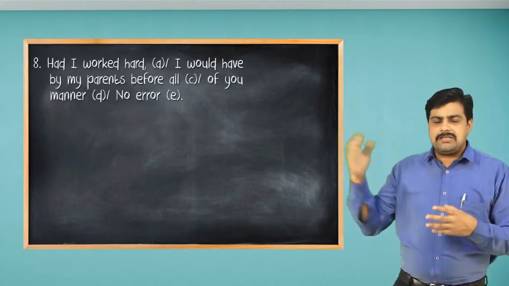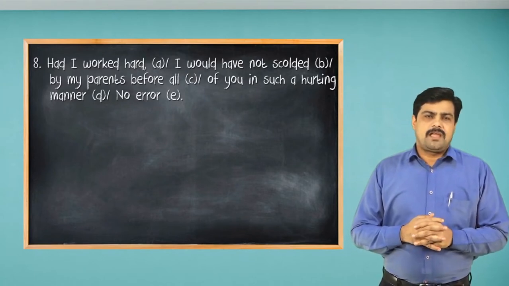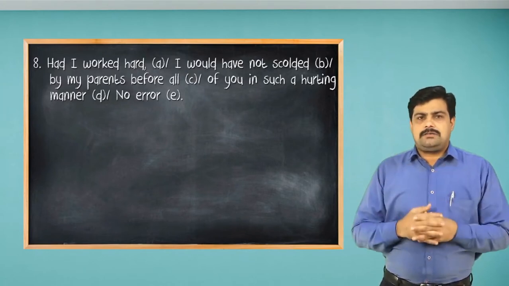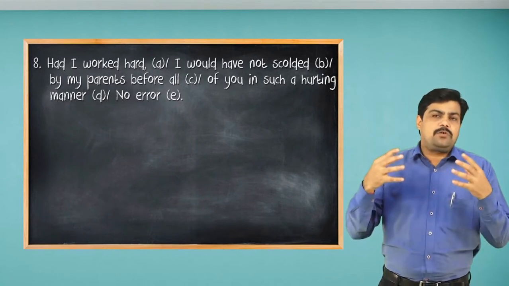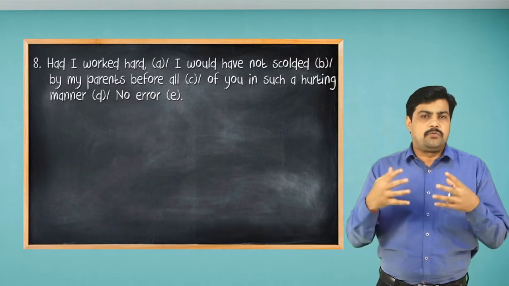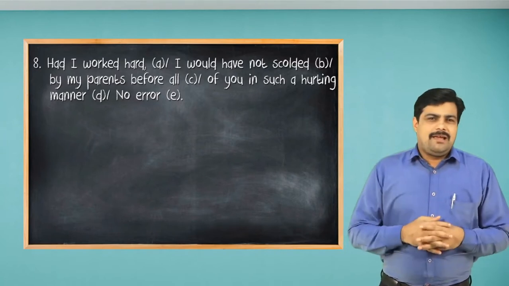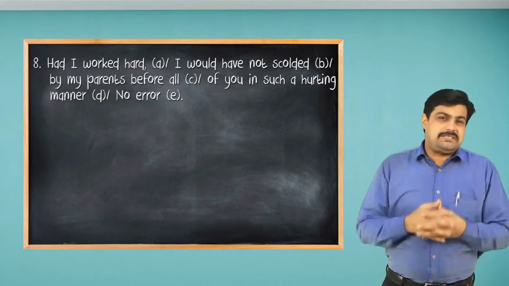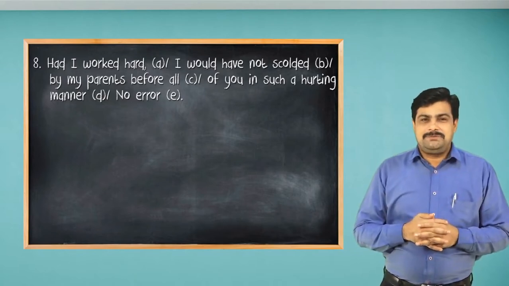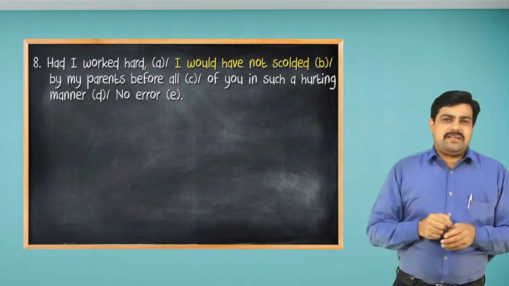Let's take another sentence that is on the screen. Analyze this sentence. Had I worked hard, I would have not scolded by my parents before all of you in such a hurting manner. Well, it is easy to detect error in this sentence. Can you guess? Part B is mistaken here.